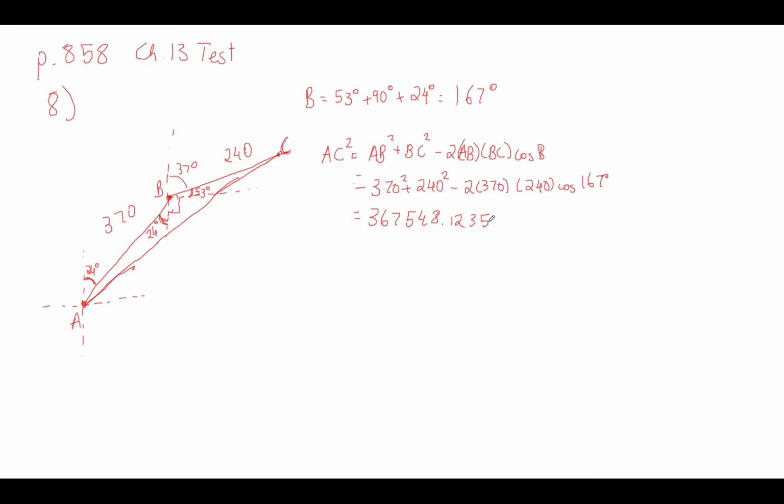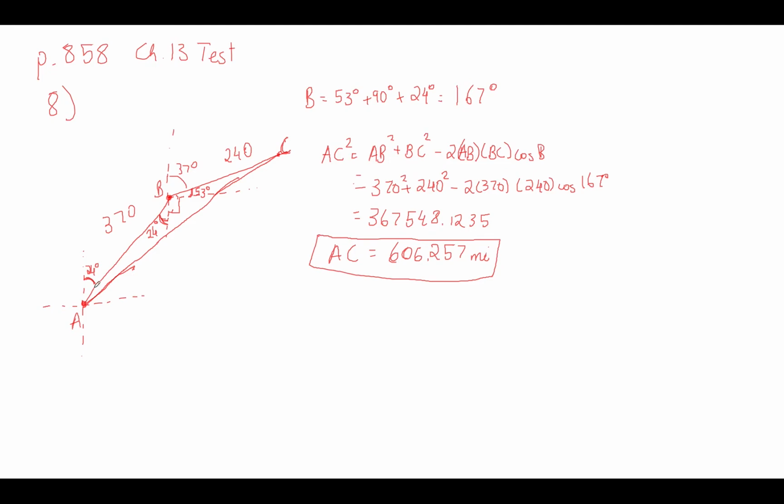I'm going to keep all those digits from my calculator, just take the square root of it. And when I square root it, I'll get 606.257 miles for AC, which is the same answer I got for the magnitude of the vector AC when I solved this problem using vectors.